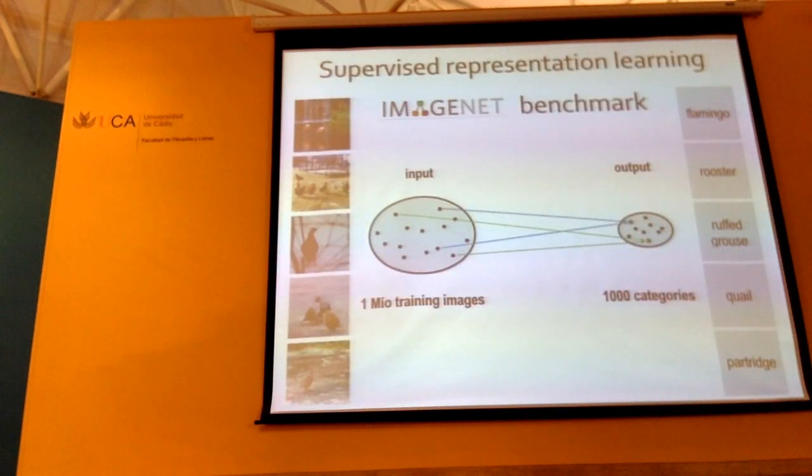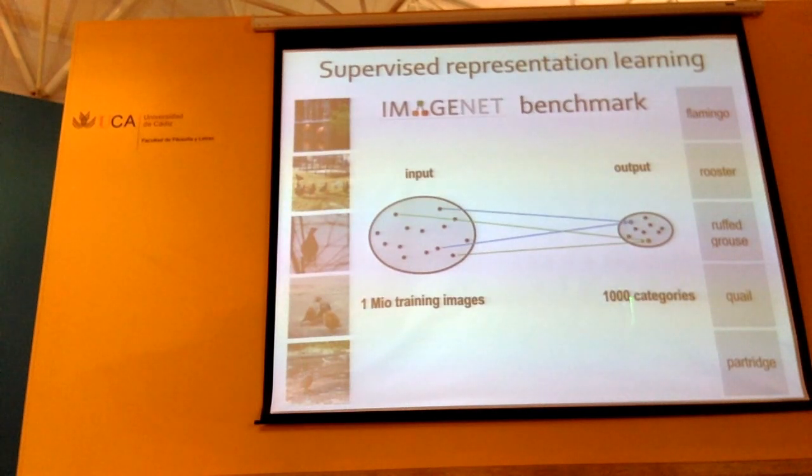So first, let's introduce the ImageNet Benchmark, which is probably the most important benchmark in computer vision these days. It is very simple, very similar to MNIST handwritten digit recognition, just that instead of handwritten digits, you have photographic images here downloaded from the internet.